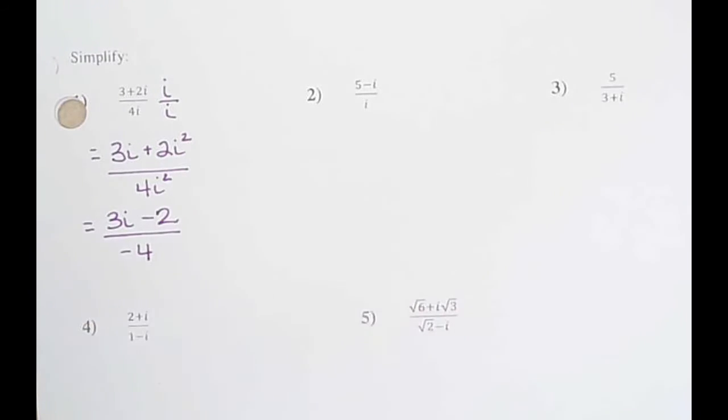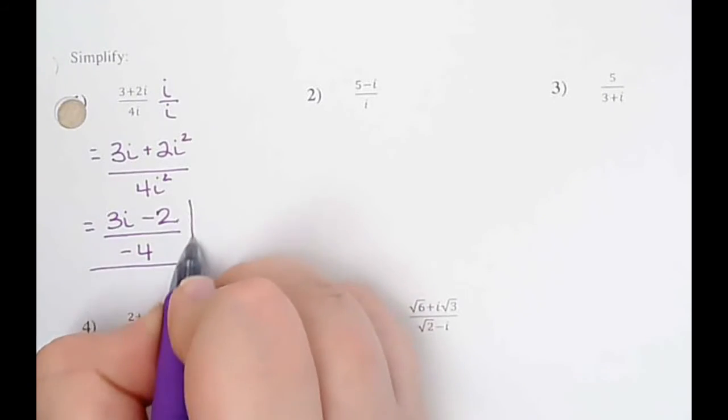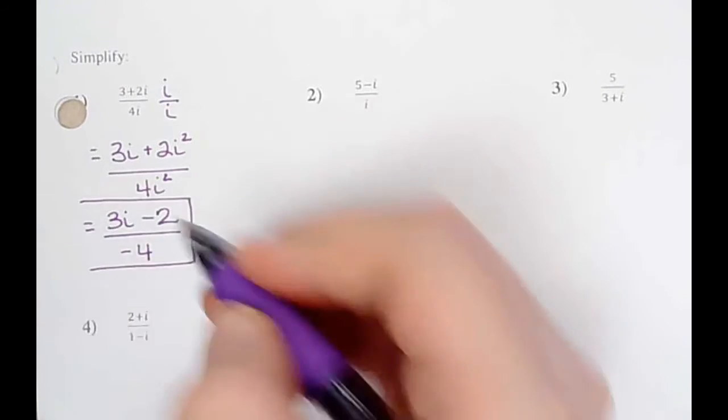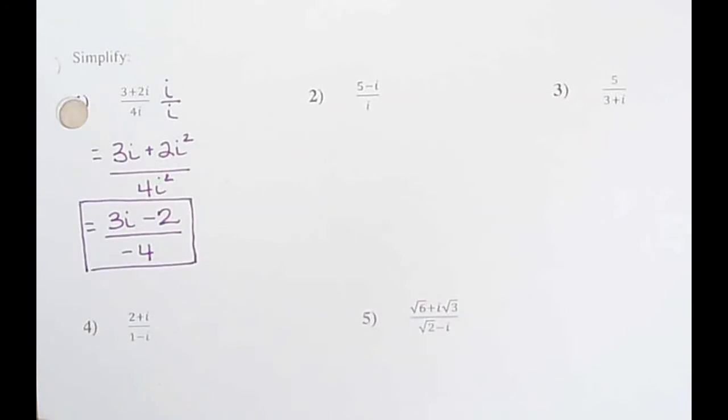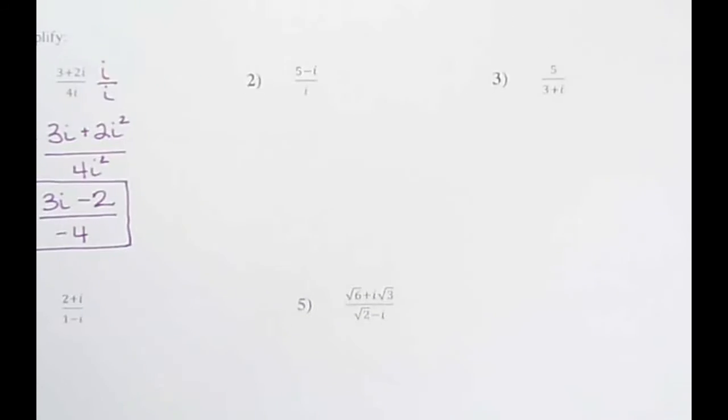What this has allowed me to do is get the i out of the denominator. The same way that we don't like radicals or square roots in the denominator, we don't like i's if we can help it. So the same thing on this next one, 5 minus i over i.